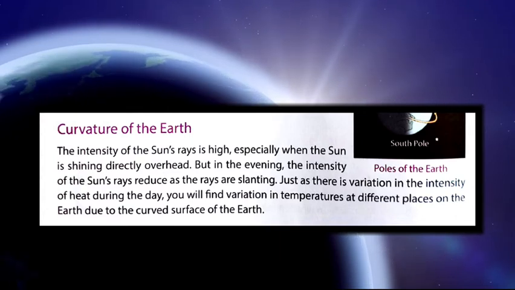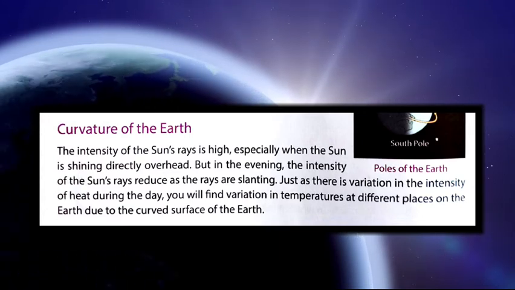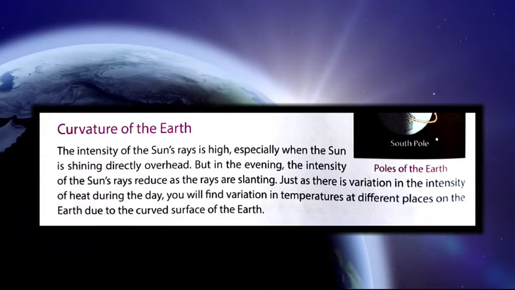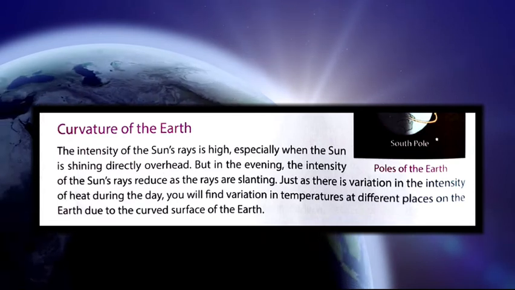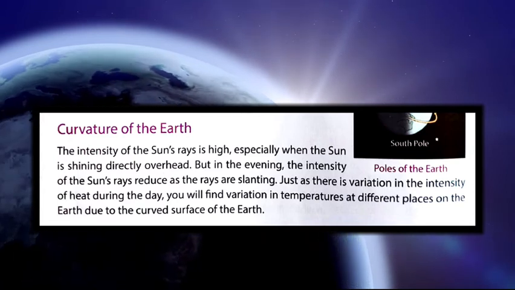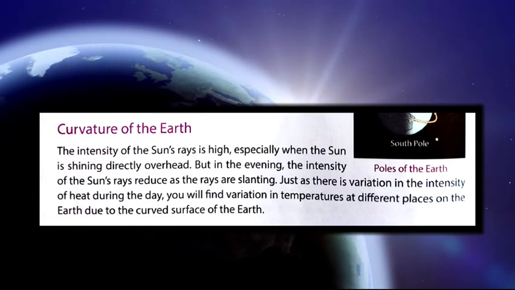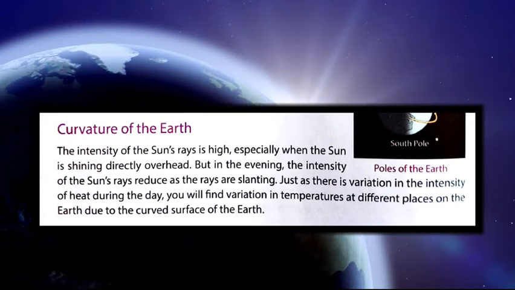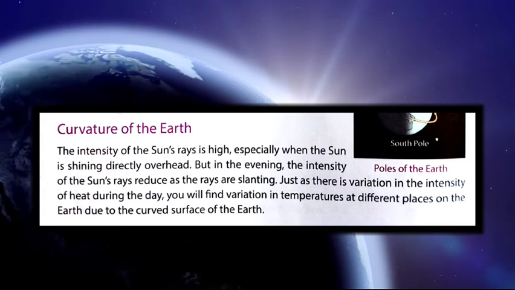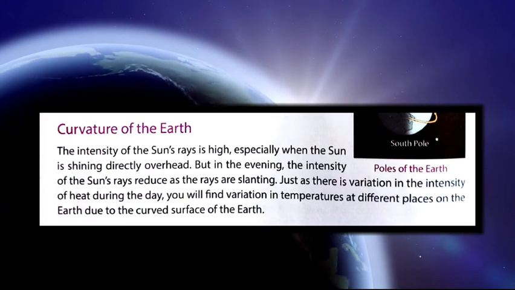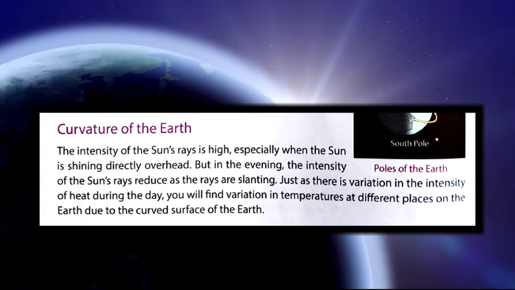Just as there is variation in the intensity of heat during the day, you will find variation in temperatures at different places on the earth due to the curved surface of the earth. In the morning and in the evening, the intensity of the sun's rays is low, but at noon, the intensity of the sun's rays is high. This happens due to the curvature of the earth.